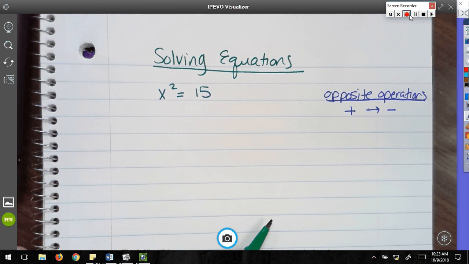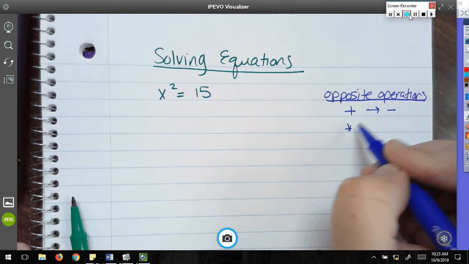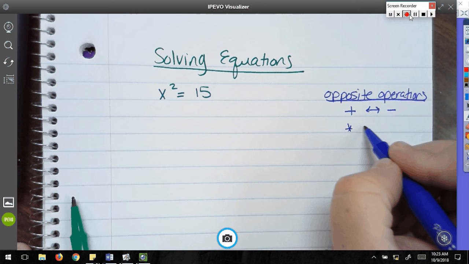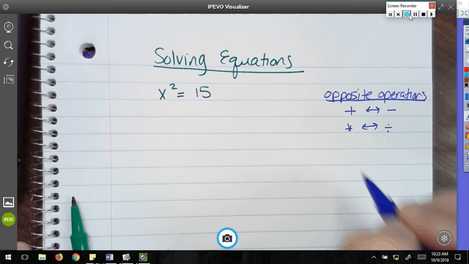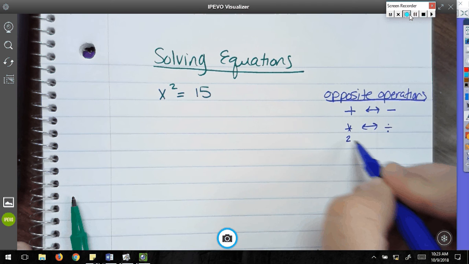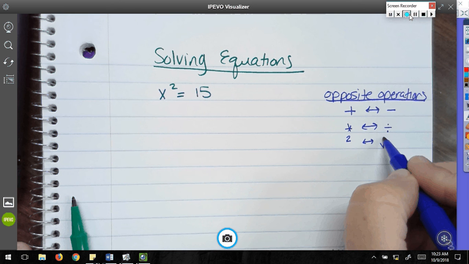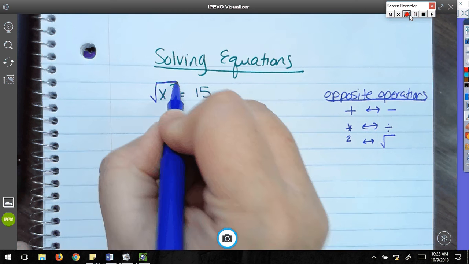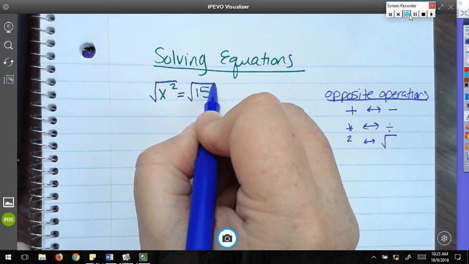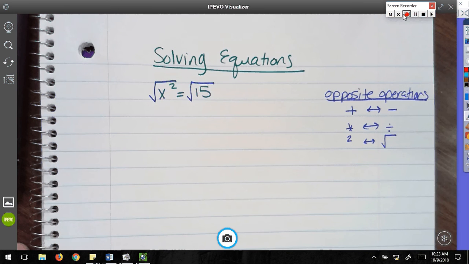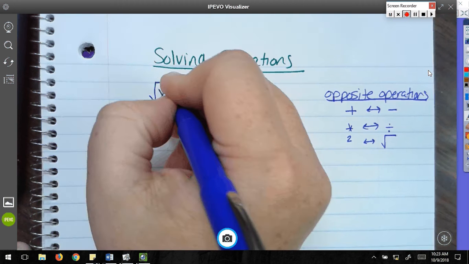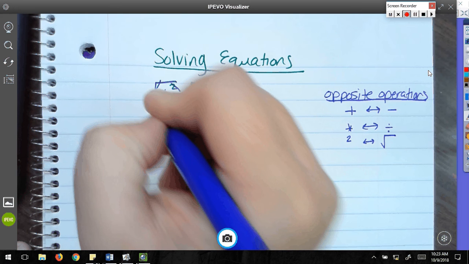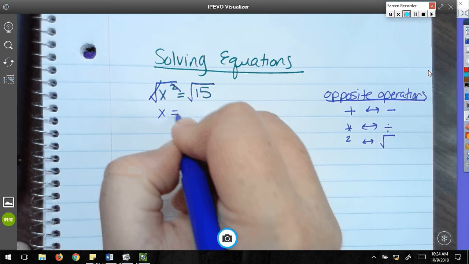If I am multiplying, and of course these go both ways, then the opposite of that is division. If I have an exponent of 2, we talked about the opposite of that to cancel it out is the square root. So here, to solve this equation, I would do the square root on both sides. Okay, that square root and that squared cancel each other out. So to solve this, I would have the square root of 15.